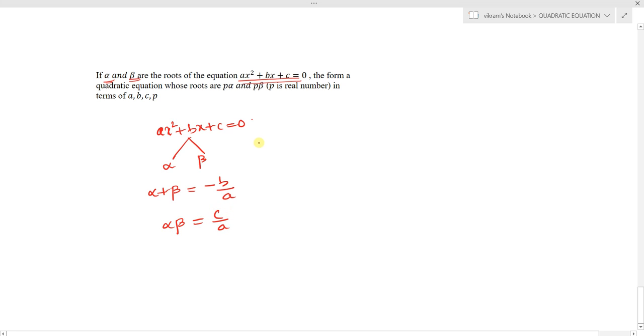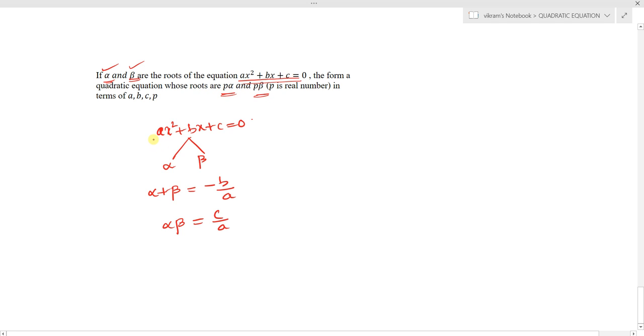That is the known thing to us about the quadratic expression ax square plus bx plus c equals to 0 having alpha and beta as roots. Now we need to form a quadratic equation whose roots are p alpha and p beta.